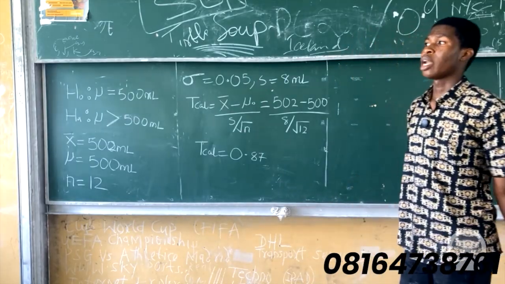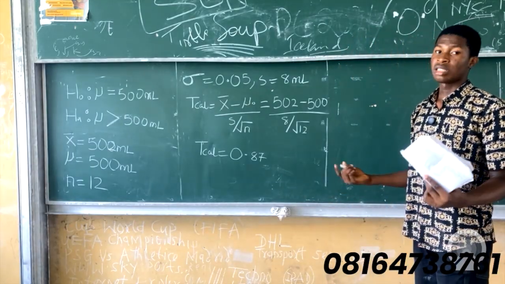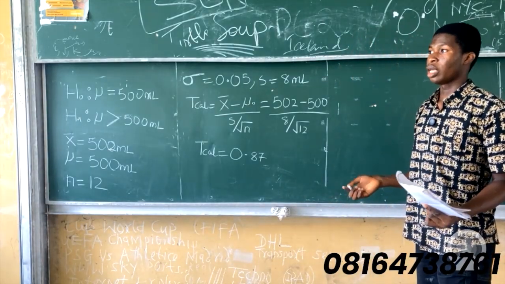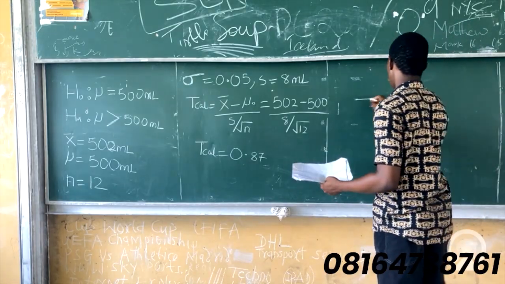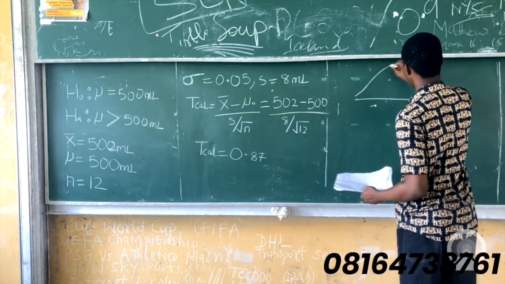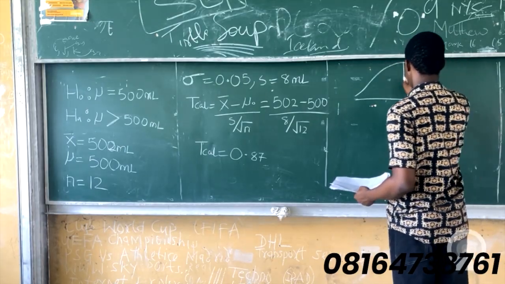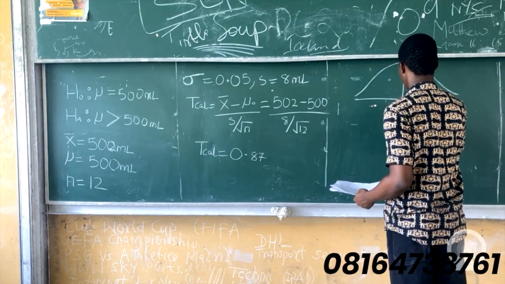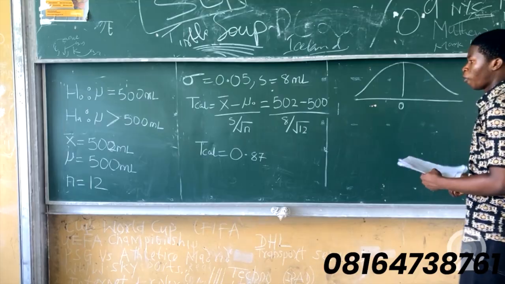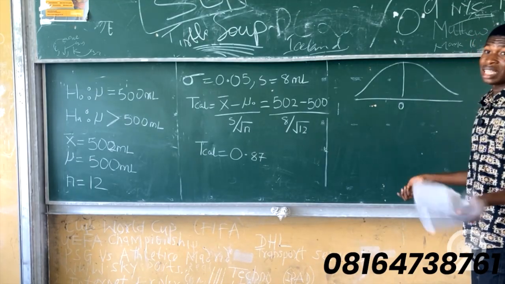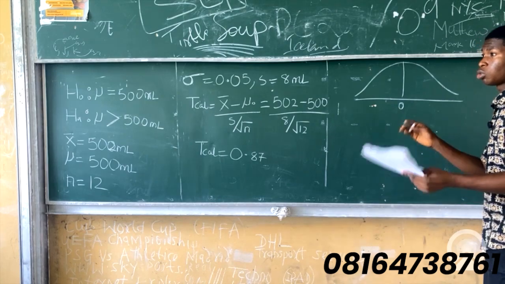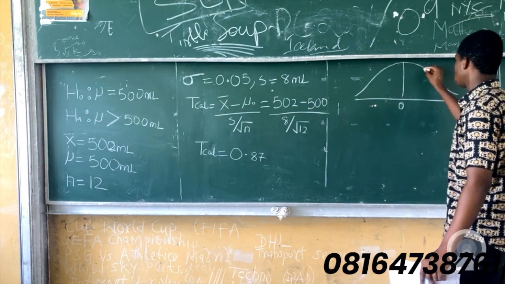Now we have to find our T critical value. It's best for us to represent it using a normal distribution to see our point clearly. This is our normal distribution. This is 0. So now we are going to divide this at the T critical point. For a right-hand test, we should note that it goes towards the right.